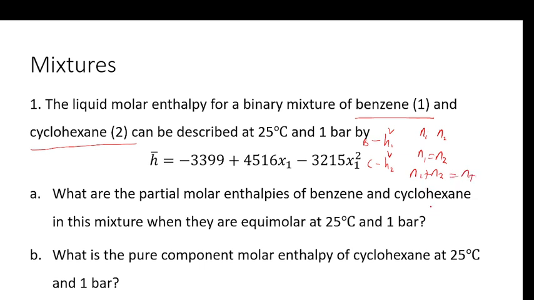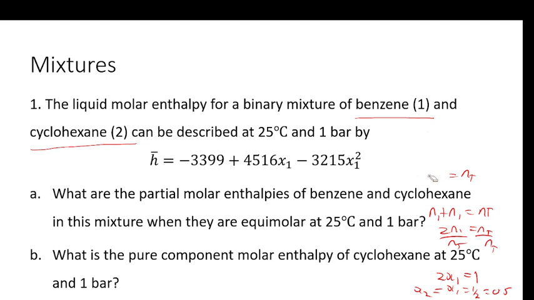But n1 is equal to n2, so n1 plus n1 gives us n total. If 2n1 is equal to nt, and I divide by nt, I get 2x1 equal to 1. So x1 is equal to 1 over 2, that's 0.5. That will be the same as x2 because it's equimolar. So that's just by the way.